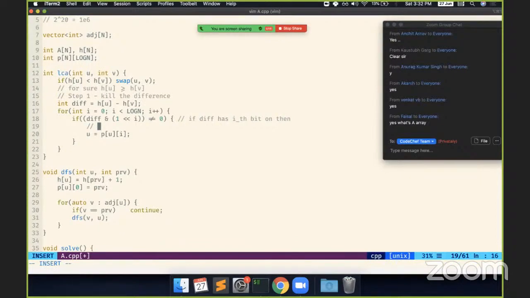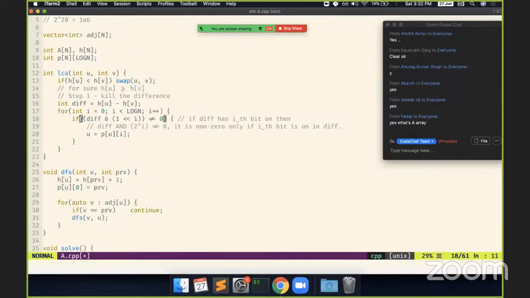Basically, it's saying diff and 2 to the power I, is it 0 or not? And it is non-zero only if the ith bit is on in diff. That's how this condition works. It's a bit manipulation hack.